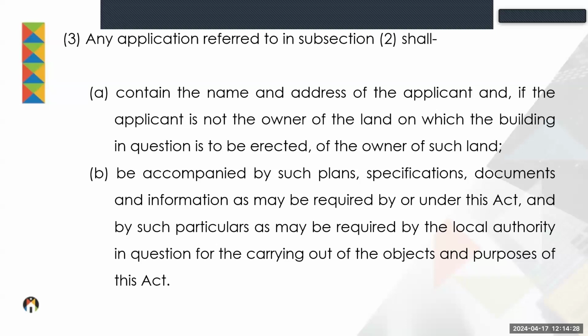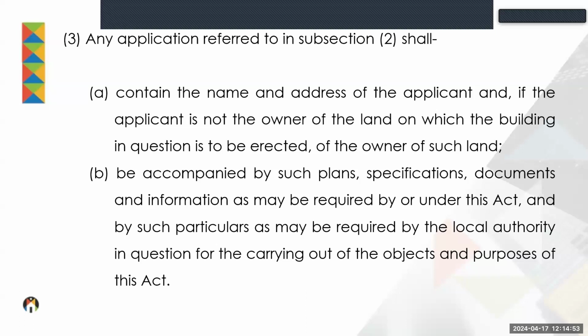So in all cases, the owner of the land's details must be provided on the building plan. And it requires that the application must be accompanied by plans, specifications, something that we try not to do because we think that a plan submitted to a local authority is just a line drawing or something like that.